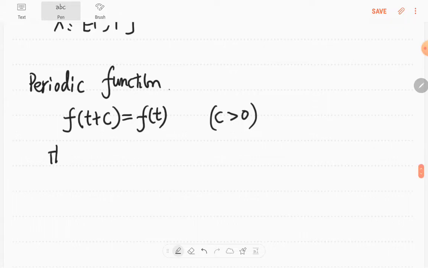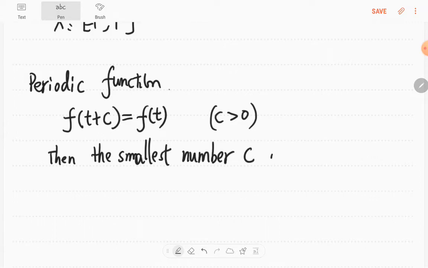And we give a name for the c: the smallest positive number c is called the period of f. So if you add a c, then after c the function value will be repeated for every c, okay?